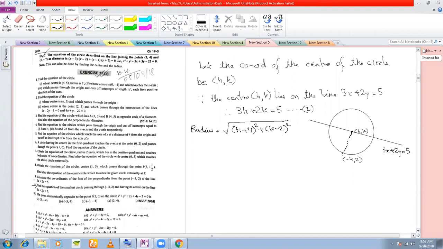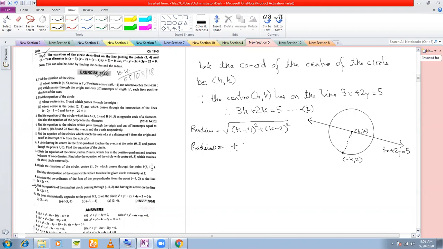Also, what is the radius? The radius is also the perpendicular distance of this point (-4, 2) from this straight line. How do you find the perpendicular distance between a point and a line?